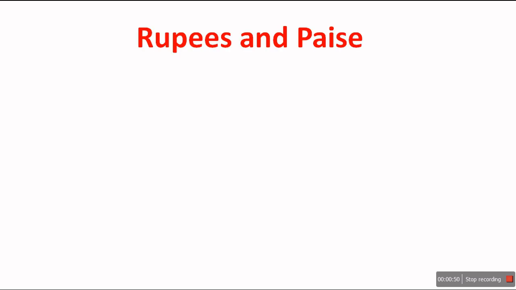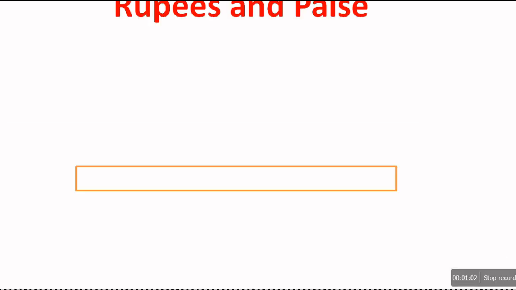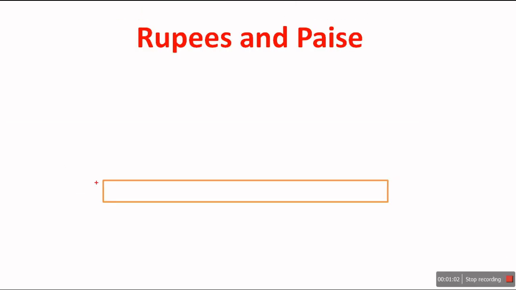Rupees and paisa. Suppose this is 1 rupee. So if I divide this 1 rupee into 2 equal parts, this is half rupee and this is again half rupee.